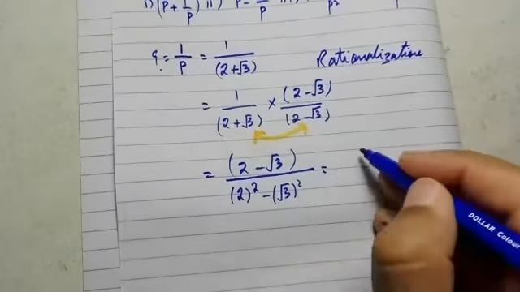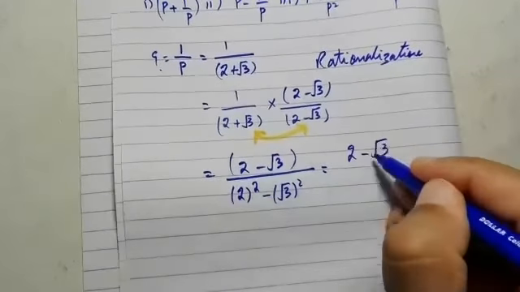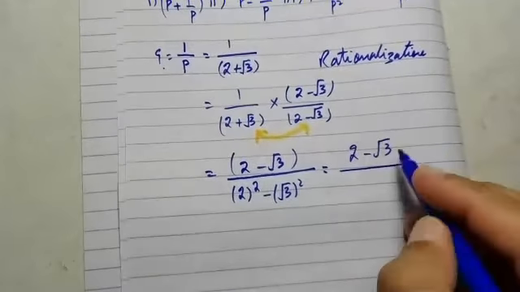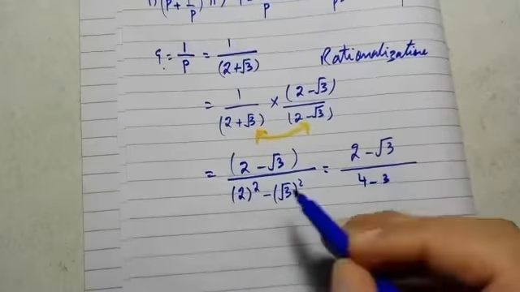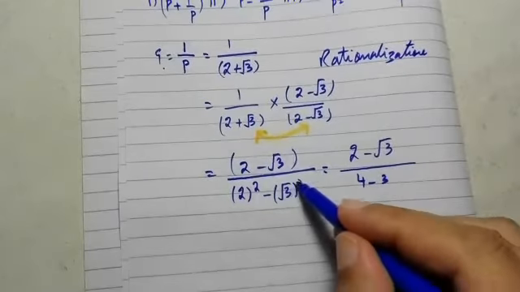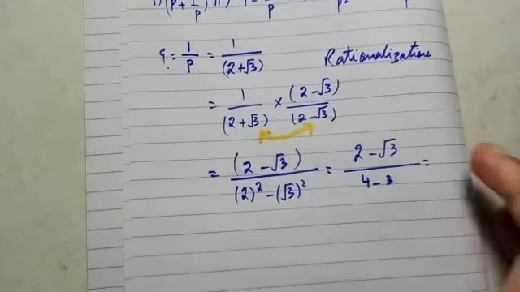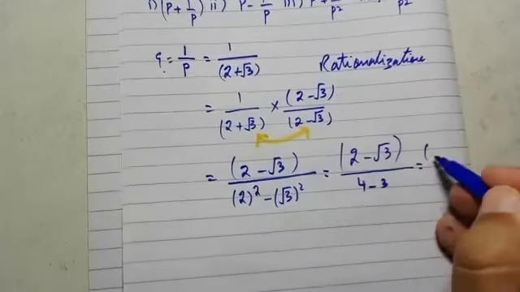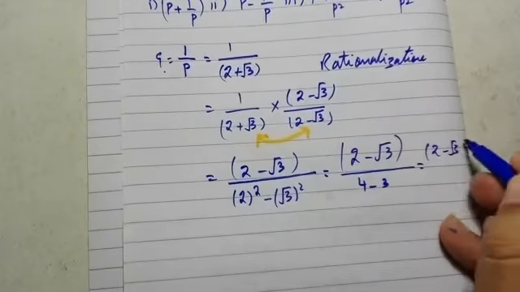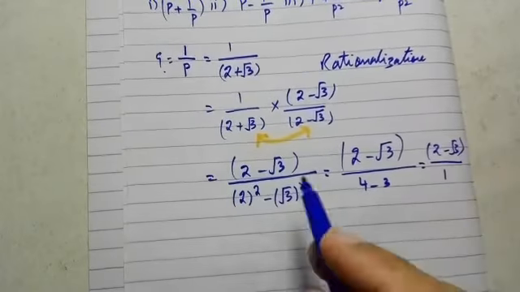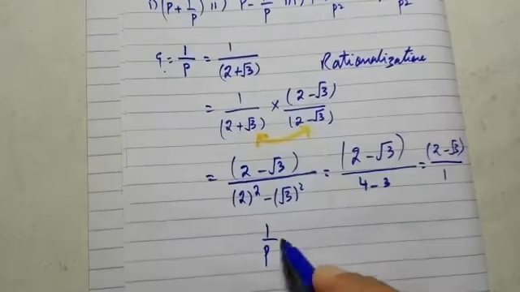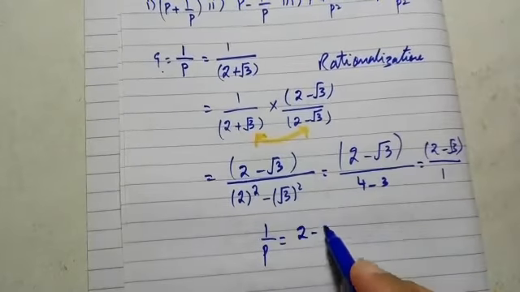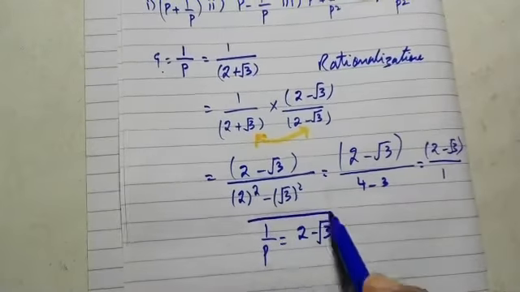So it becomes 2 minus under root 3 divided by 4 minus 3, because 2 square is 4 and the root and square cancel, giving 3. So you get 2 minus under root 3 divided by 1, and obviously 1 over p becomes 2 minus under root 3. So that is the value of 1 over p.